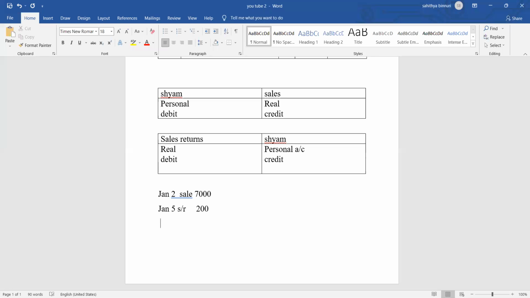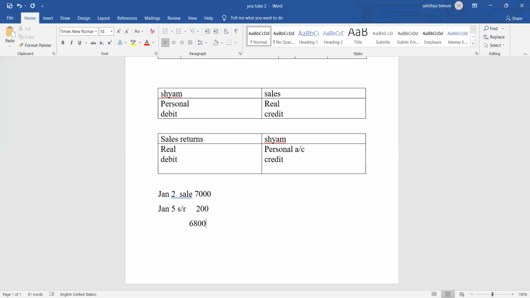So the total liable value you are supposed to receive from Sham is 6,800 rupees, because 7,000 minus 200 is 6,800 rupees. 200 rupees you cannot expect from Sham because that was all returned to you. Sham already gave you 200 worth of goods, so the 200 you cannot expect from Sham.